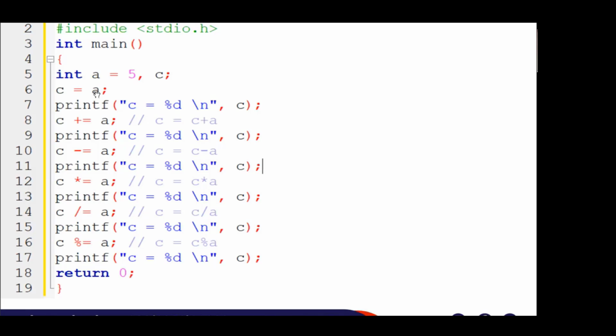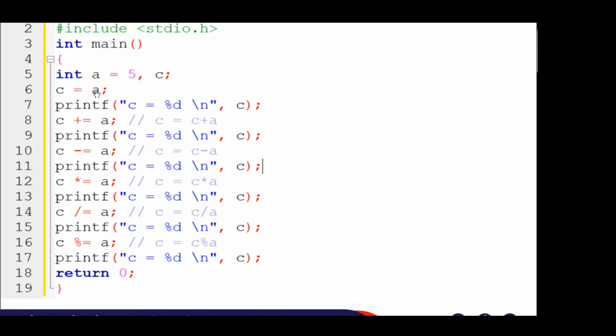Then in line 8, where c plus equals to a means that c equals to c plus a, we are taking that c from line 6 and adding a to it. So c in line 6, which is 5, plus a, which is also 5, will give us 10 on line 8.